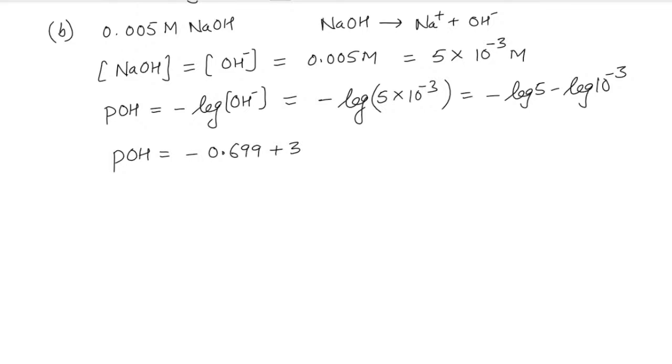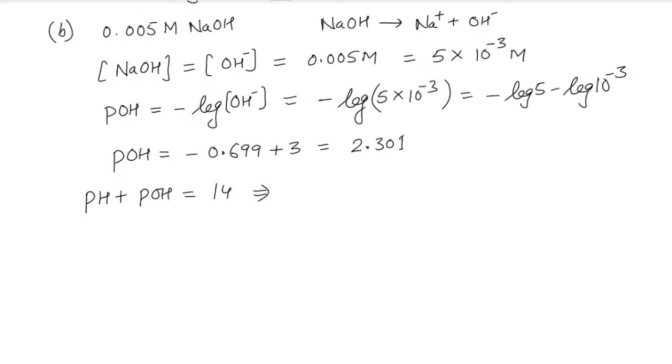What is the value? 3 minus 0.699, 2.301. That is pOH, and we know that pH plus pOH equals 14.